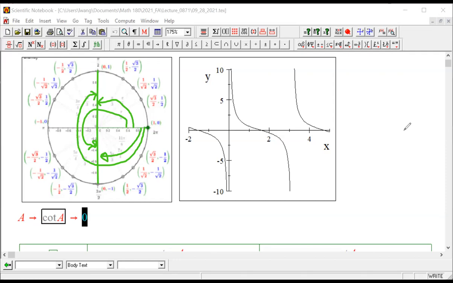Did we see this for the first time? Absolutely not. We've seen this in other settings. One of the x-intercepts for cotangent A is pi over 2. Absolutely right, Alexa. But there are more. There are infinitely many of them. So what are they?